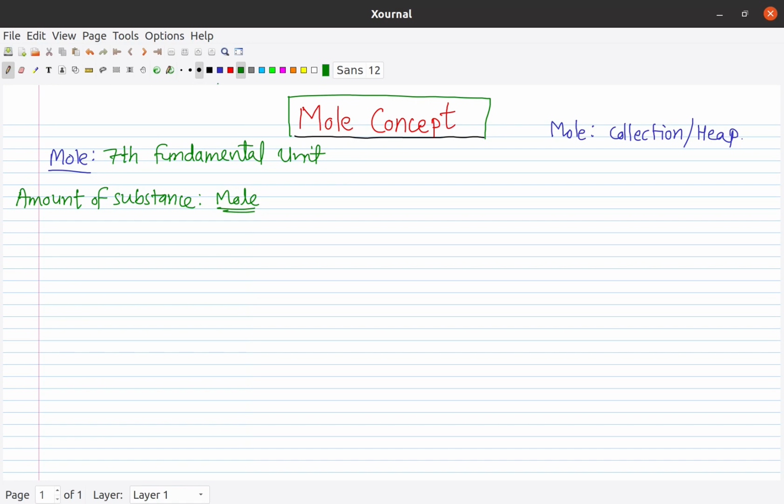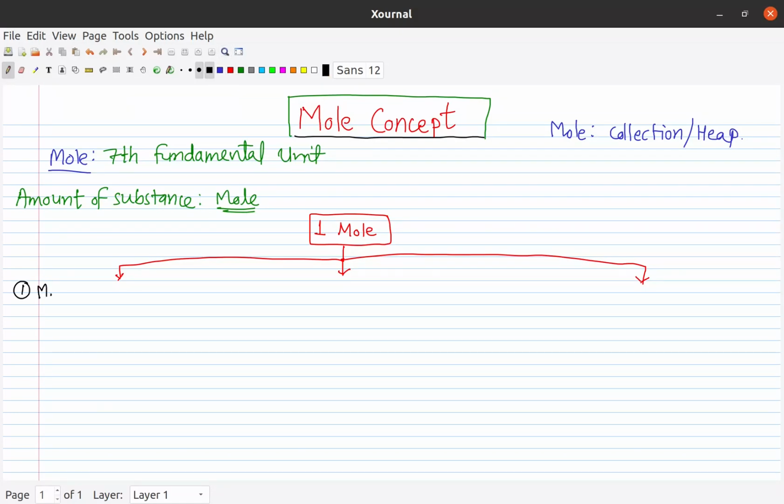Now let's try to understand this. What is mole, what is 1 mole, and how much is 1 mole? 1 mole can be defined in three ways. The first definition says that the molecular weight of a substance represented in gram is 1 mole of that substance.